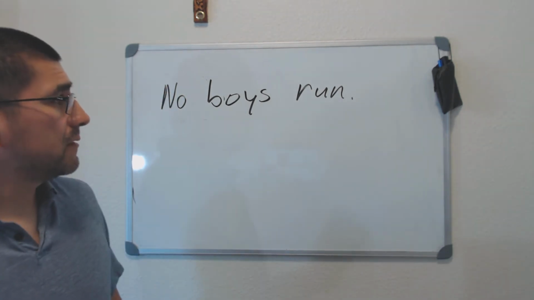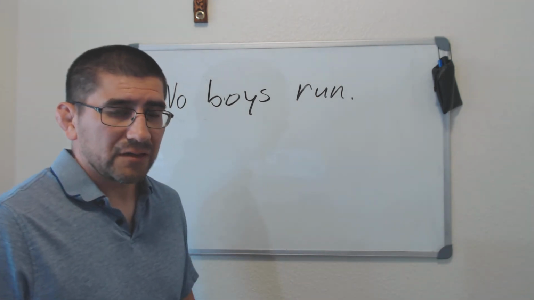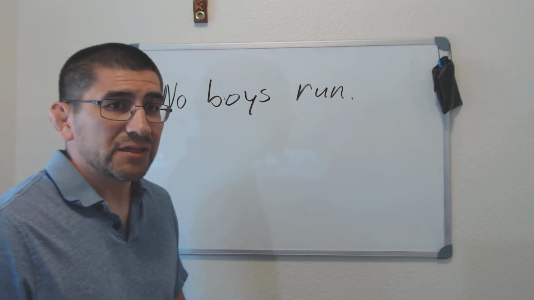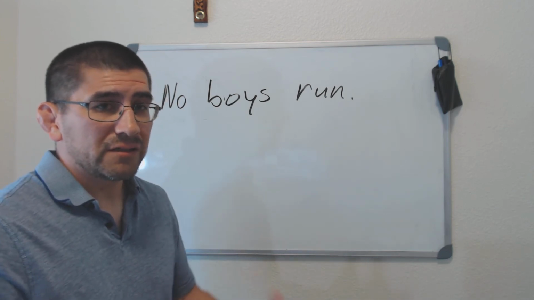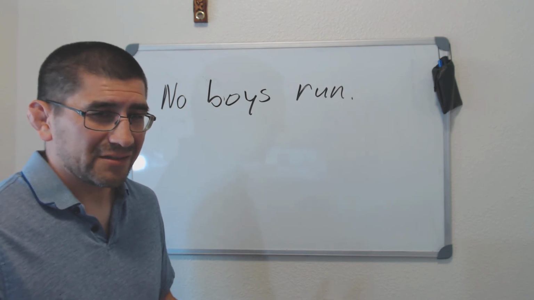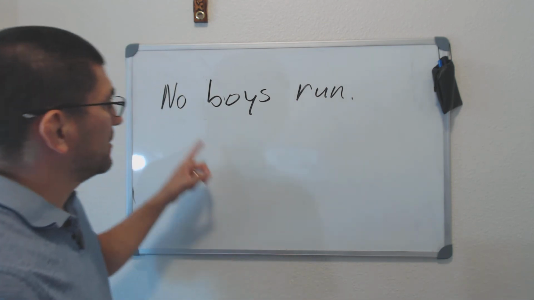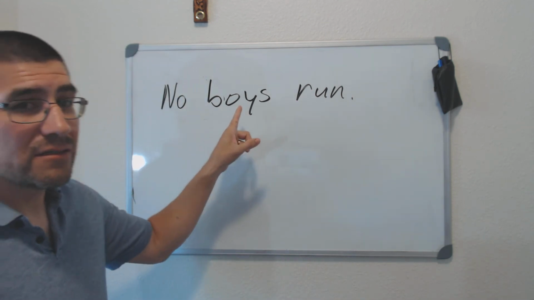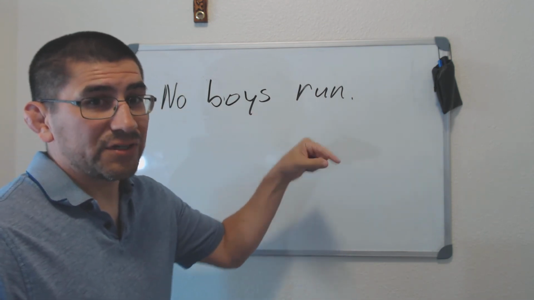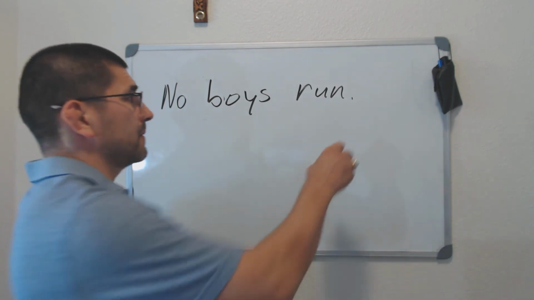So what am I going to do is what I just did before. I'm going to make that predicate term into a relative clause. A relative clause is just a big adjective. So I'm going to turn this into a big adjective. So no boys are that which run. That's what it's going to turn into.